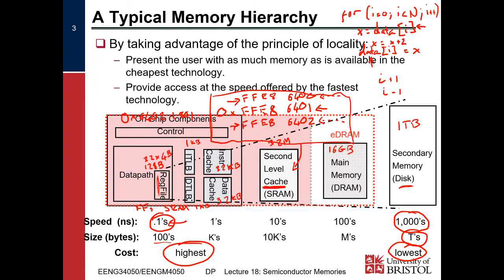As the chips have gotten more and more advanced, we've started including both the second level cache, which is made out of SRAM, and now sometimes even the main memory, the DRAM, onto the same chip or the same package. When we first had our processors, we had very small instruction and data caches.